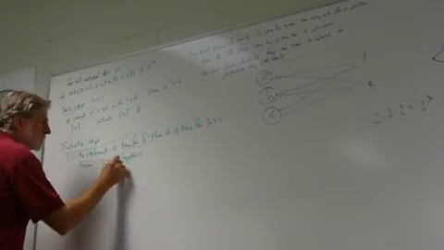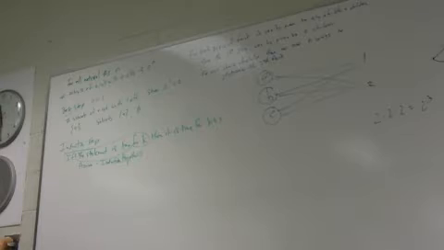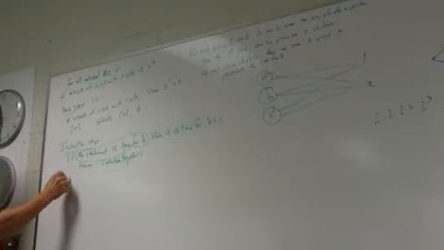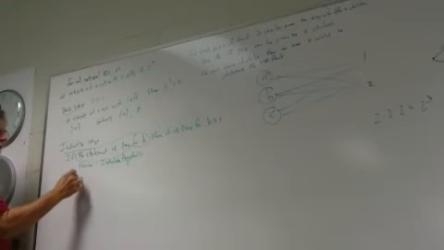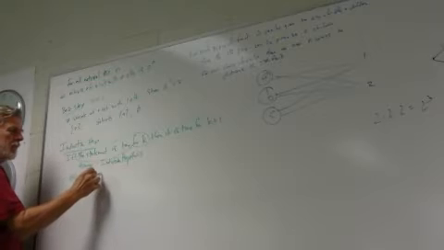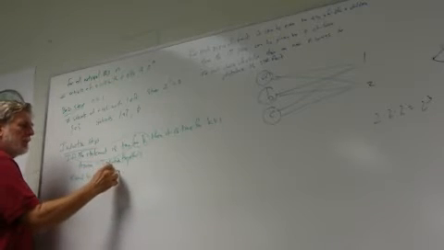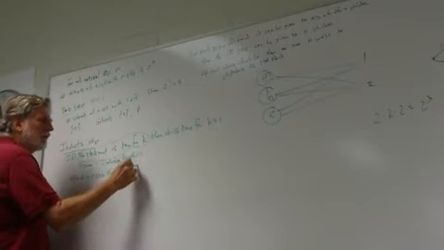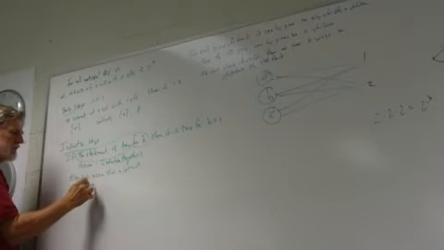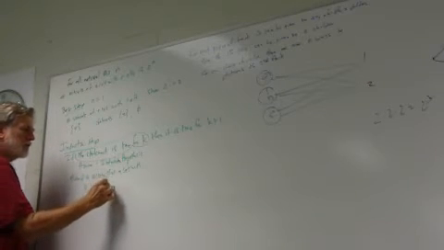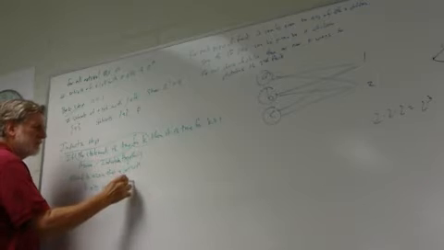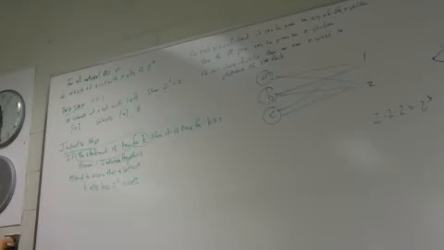In this particular case, the induction hypothesis says we are allowed to assume that a set with k elements has 2 to the k subsets. That's what we're allowed to assume.